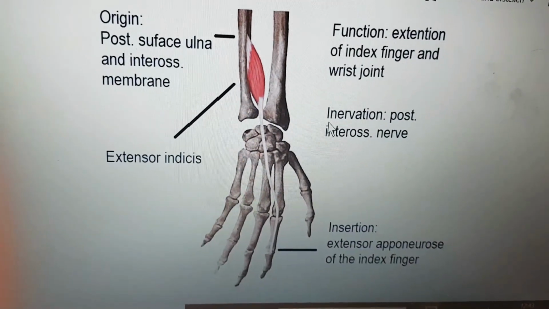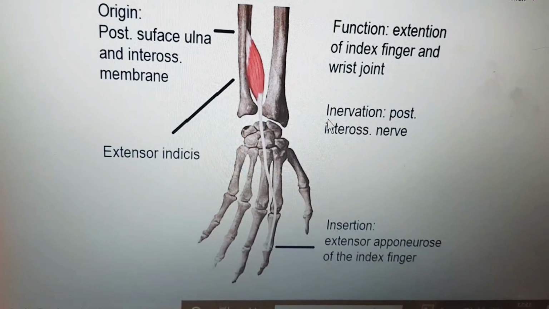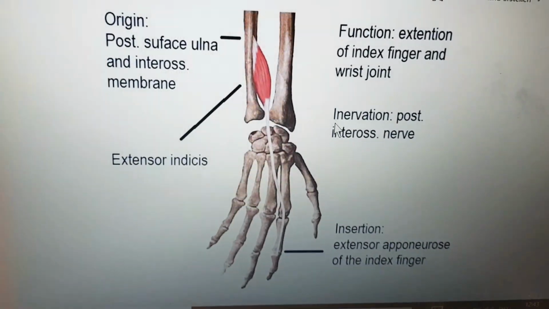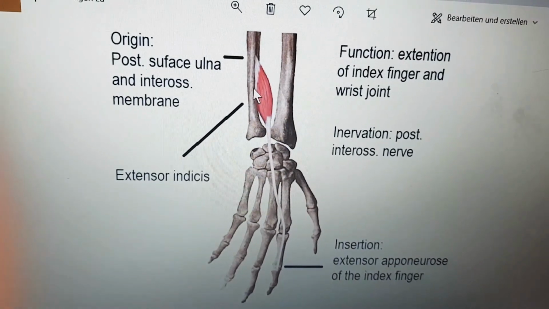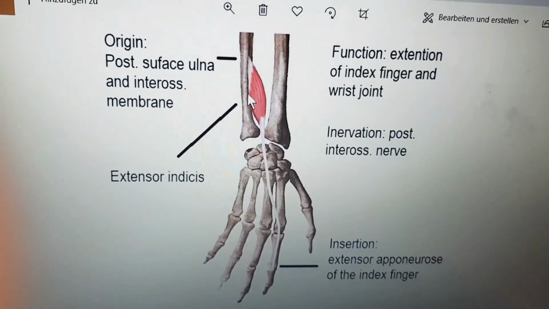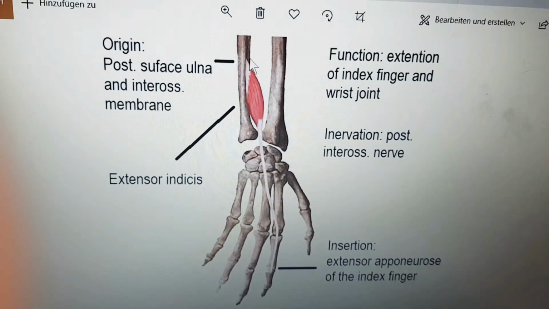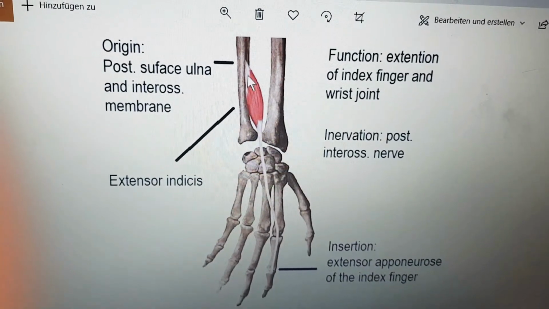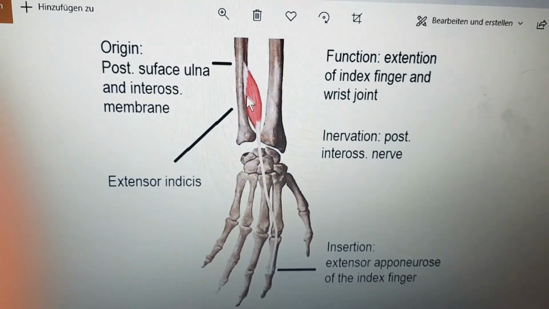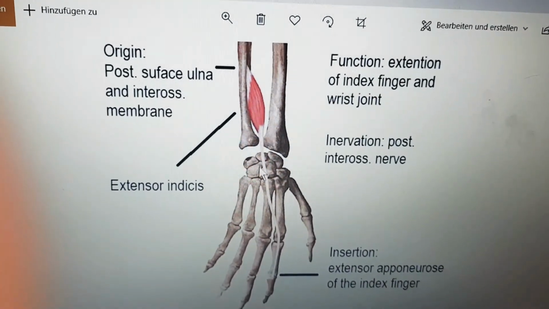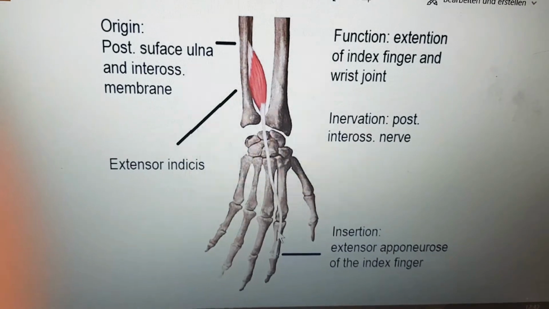The last muscle in this group is extensor indicis muscle. The extensor indicis muscle originates from here. The origin of this muscle is the posterior surface of the ulna and interosseous membrane. This muscle comes in this way and is inserted here.